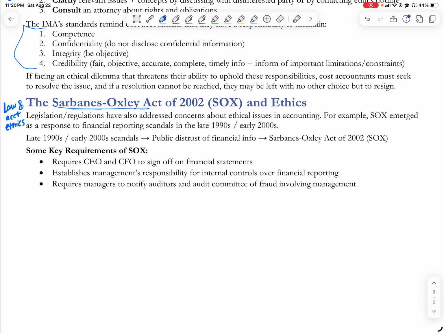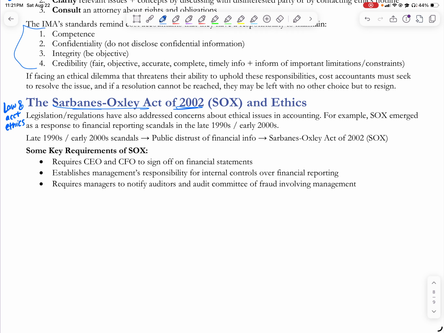So SOX, you see here it's born in 2002. It was a byproduct of those late 90s, early 2000s financial accounting frauds and scandals. So think Enron, WorldCom, those kind of scandals.